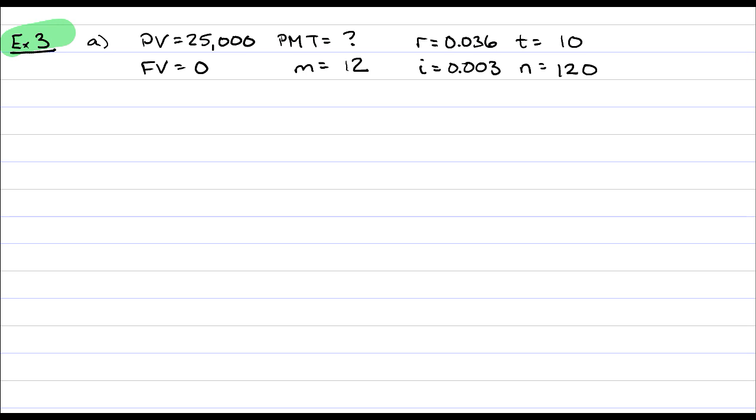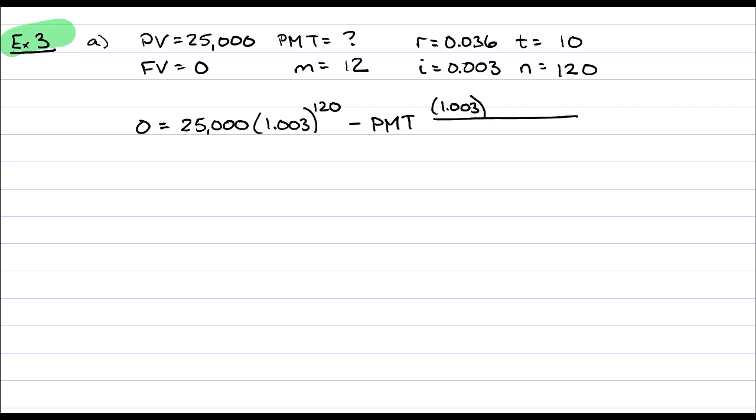So plugging into the formula for a decreasing balance annuity, we get 0 equals $25,000 times 1.003 raised to 120 minus PMT times (1.003 raised to 120 minus 1) divided by 0.003.